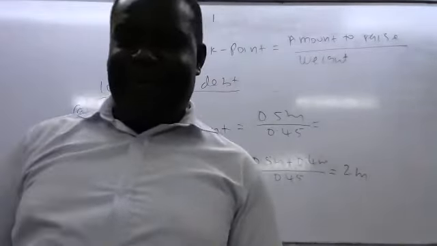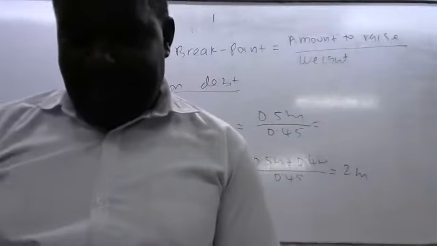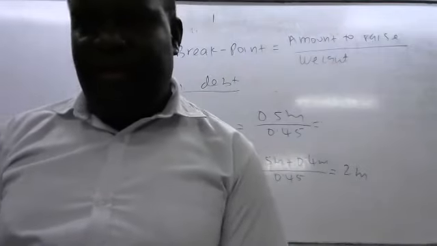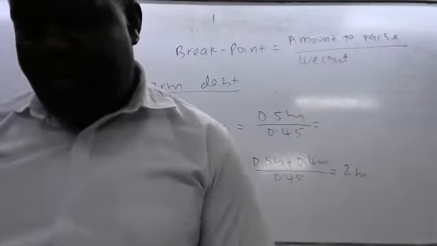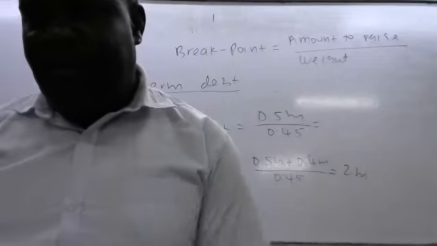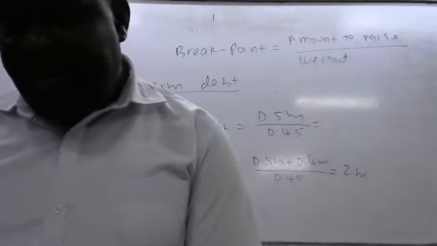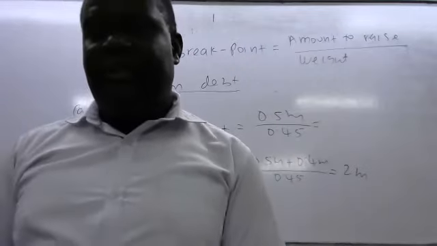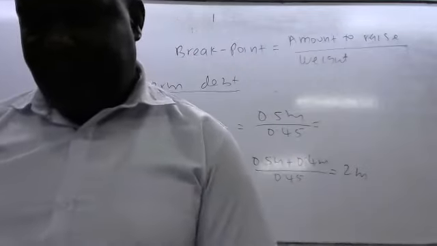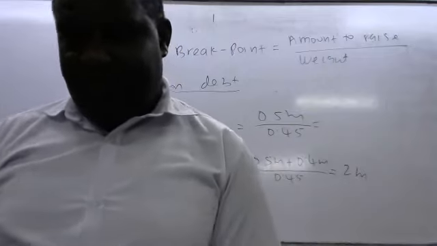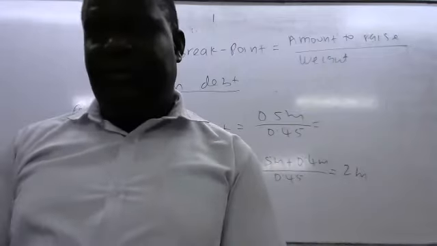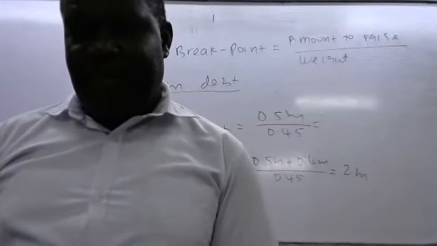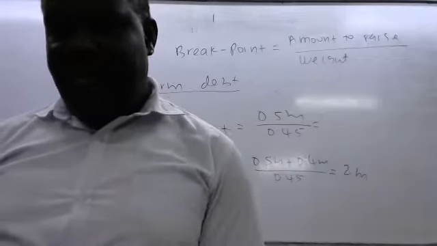Someone is asking, where did we get the 0.45? Go to the sources of capital. Are you able to see the sources of capital? There is long-term debt. Then there is equity capital.